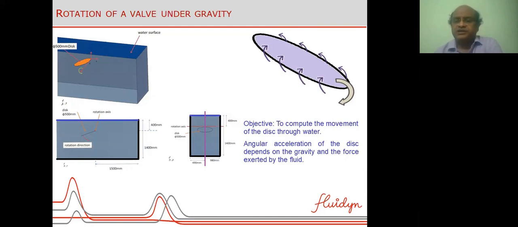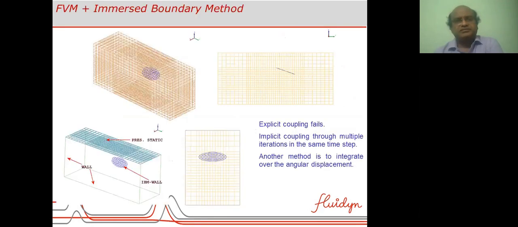And also, when it is coming down, it is resisted by the forces exerted by the fluid. So the net force is the sum of these two forces. So we show a mesh generated. You can see that the fluid mesh, that is the discretization of the water tank, is a very simple mesh.